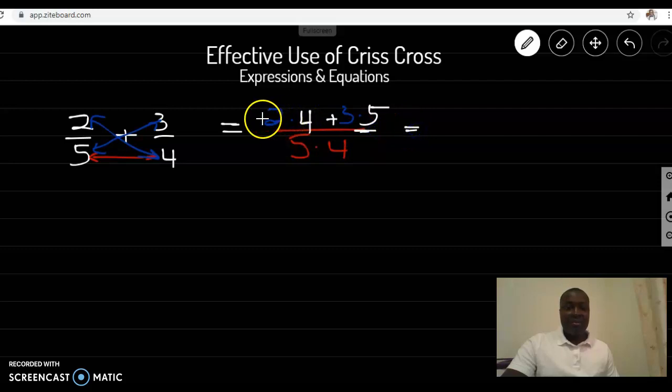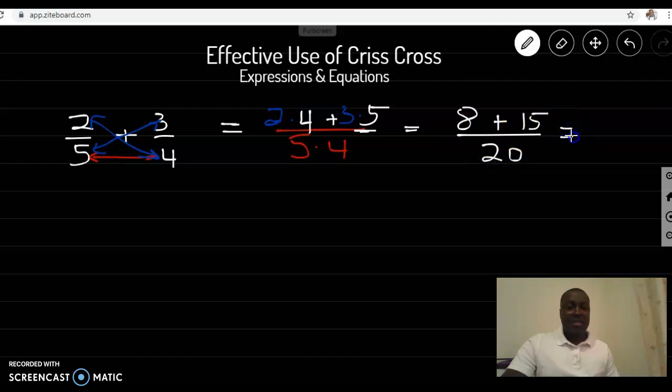which becomes 2 times 4, that gives you 8. You bring your plus, and then 3 times 5, that gives you 15, over 5 times 4, that gives you 20.